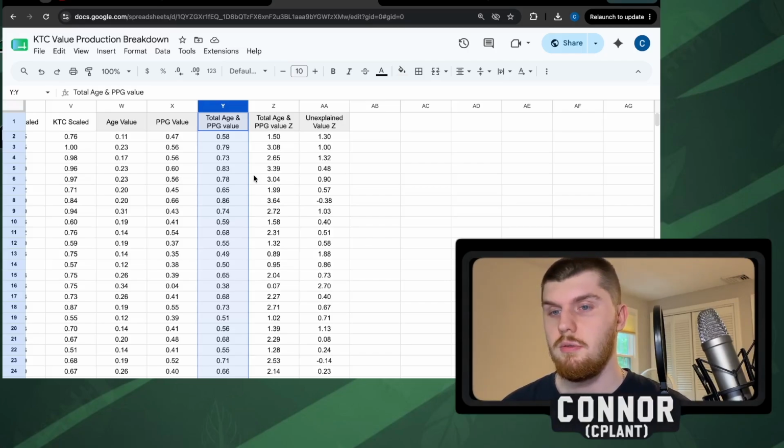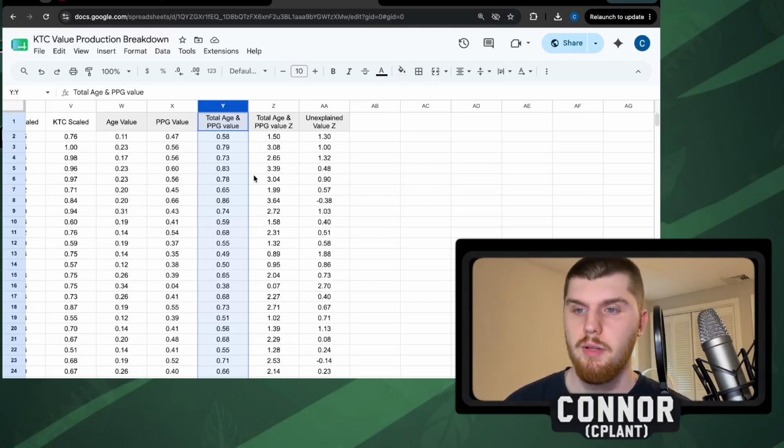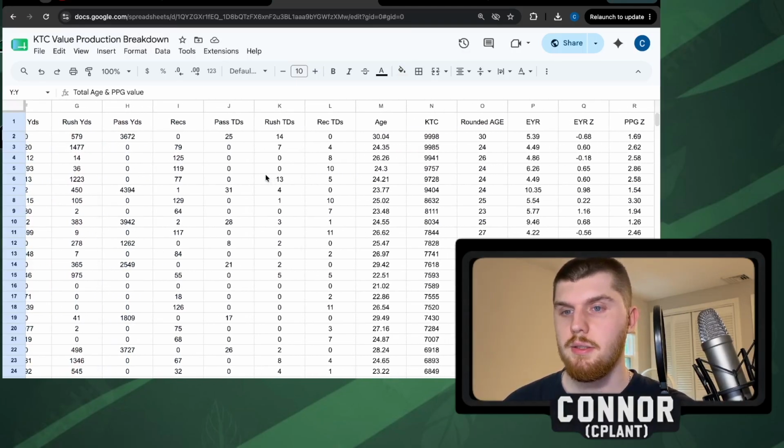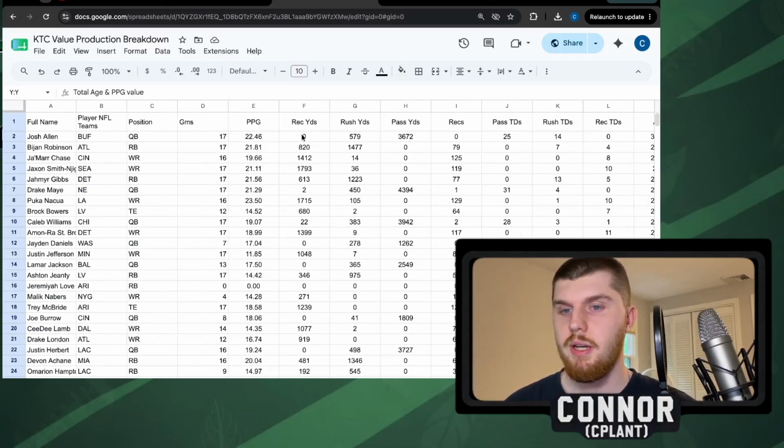And so using that, you can determine how much of their Dynasty value is due to their points per game of the previous season. And so what we were trying to find out is how much each metric in their previous season was, what percentage of their points per game it was.